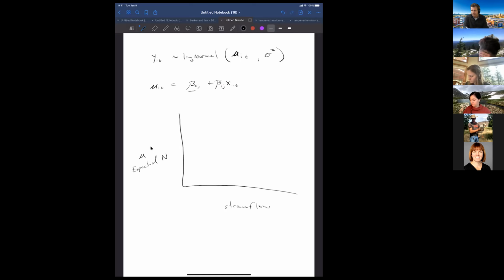And by expected, I mean the average. So in the end, what we're going to have is 7 different intercepts, one for each J.